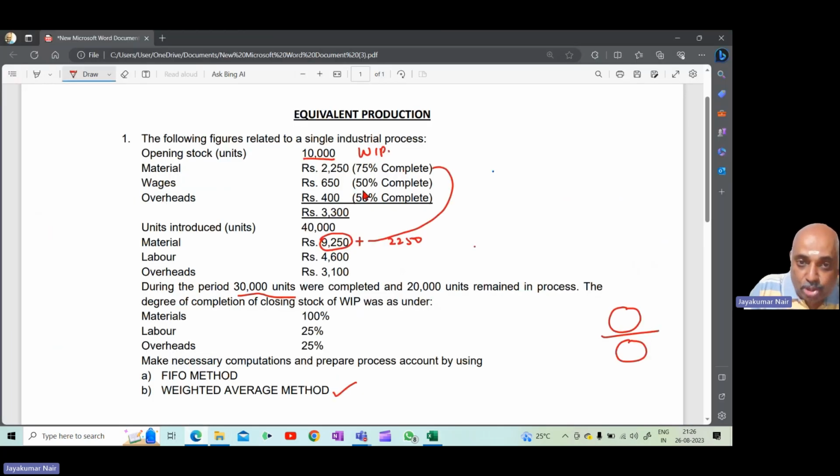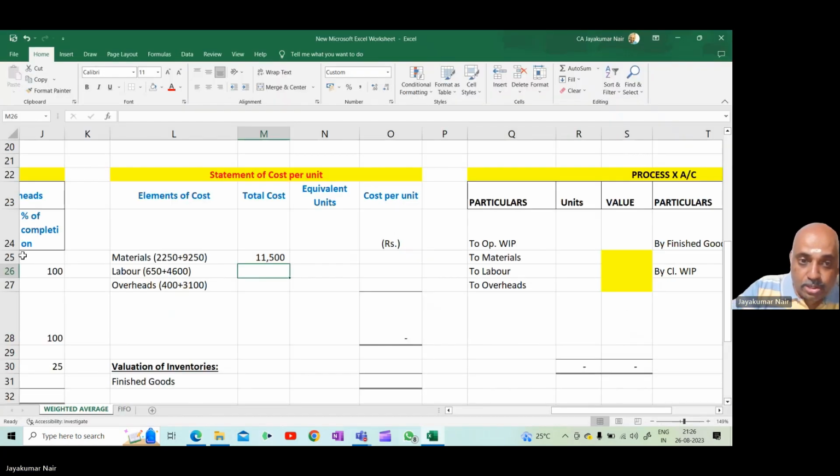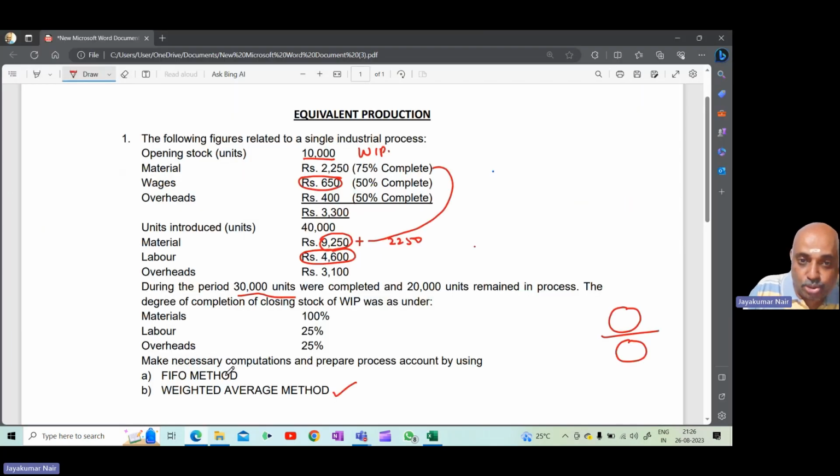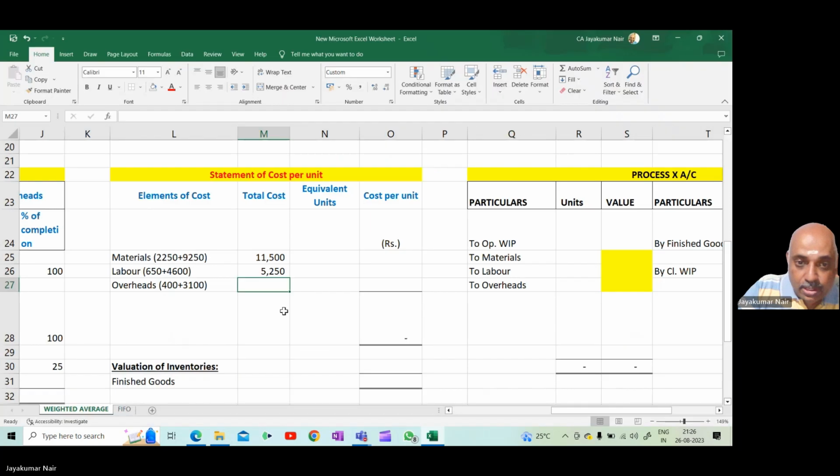Similarly, what is the labor cost? It is 650 plus 4,600. So add both. Similarly, what is your overheads? Overheads 400 plus 3,100. So add, it is 3,500.